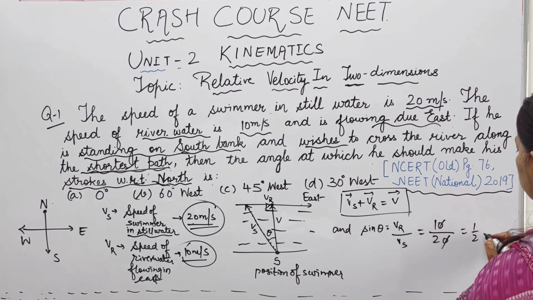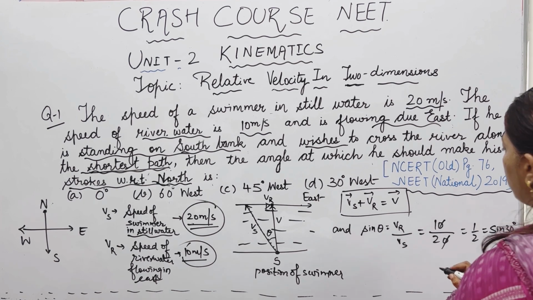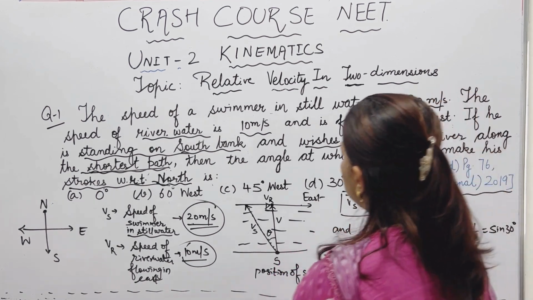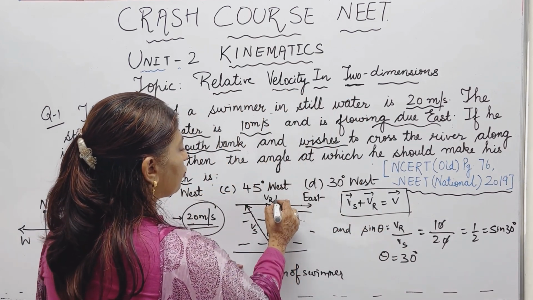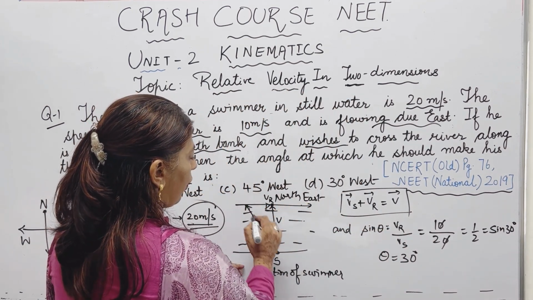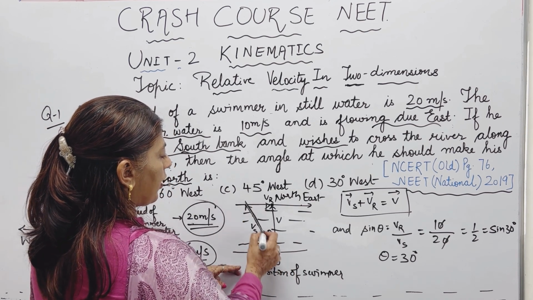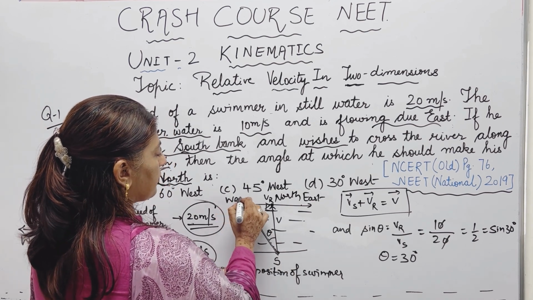So this is 1 by 2, that is sine 30 degree. So the angle is 30 degree, and with respect to the north, it is 30 degree towards the west.